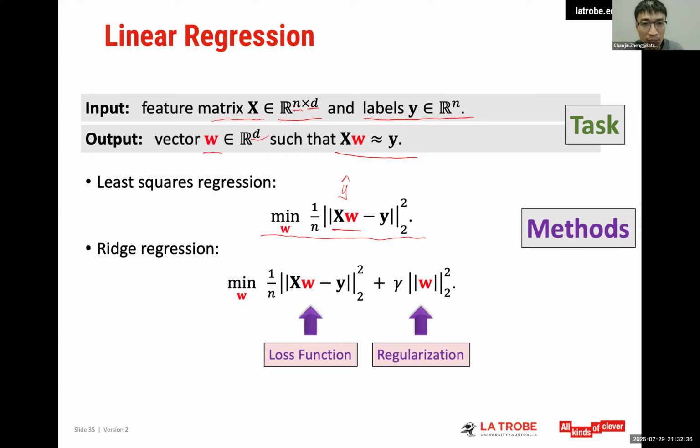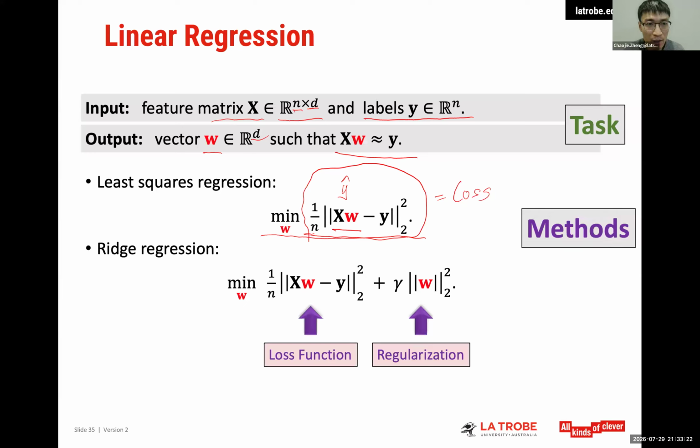The difference between prediction and true label value is the error. We calculate the squared L2 norm divided by n, which is the mean square error, and this is our loss function. We want to minimize this loss function and find the optimal weighting vector that minimizes it. That is how we use least square regression to do this task.